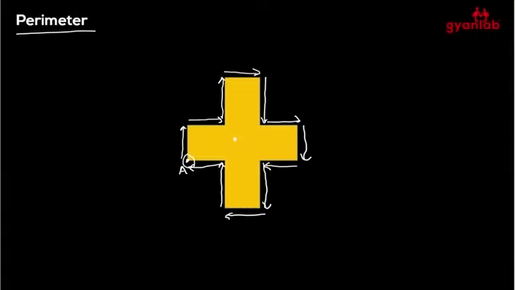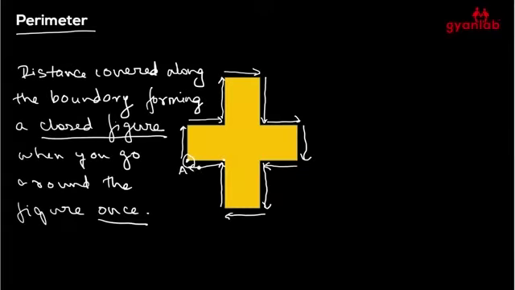So we can define the perimeter as the distance covered along the boundary forming a closed figure when you go around the figure once. This means that if we had to start from point A, and let's mark this as point B, and if we had just stopped here, that wouldn't define it to be the perimeter of this figure.